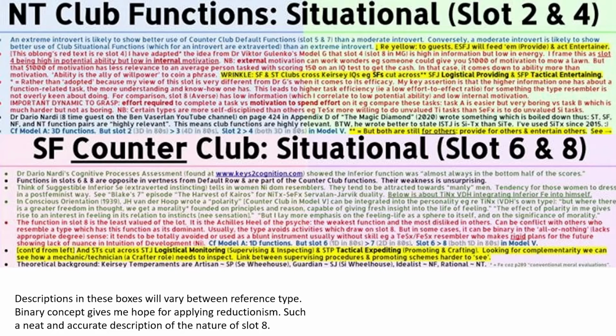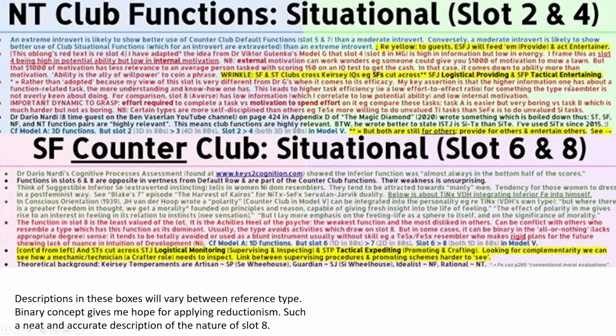If you say the dominant function is high in energy and high in information, it's very descriptive. Whereas if you say high in information, low in motivation, low in energy, that's also quite descriptive. So that function would be, I think there's an example here.